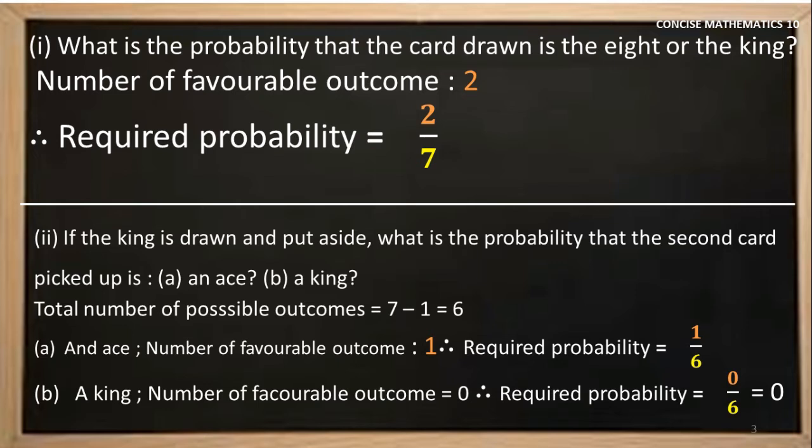And the second sub question says a king. How many king cards, children, out of 6? Do we have any king cards? No, we had only 1 king card when there were 7. As already we have removed 1 king card out of 7 cards, then the number of king cards is equal to 0 and the required probability is 0 by 6. Its value is equal to 0.